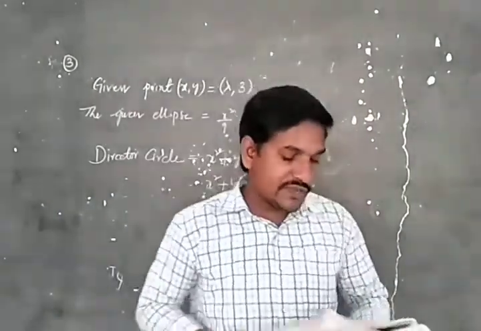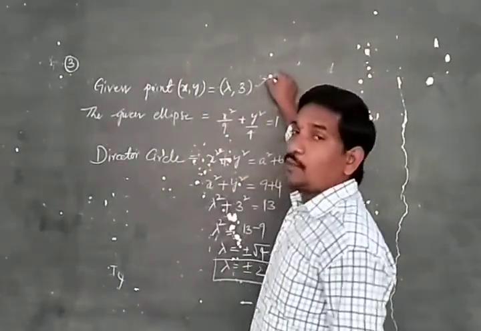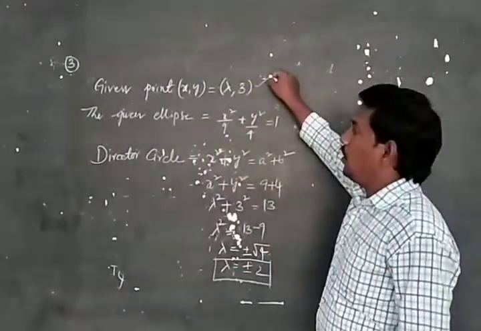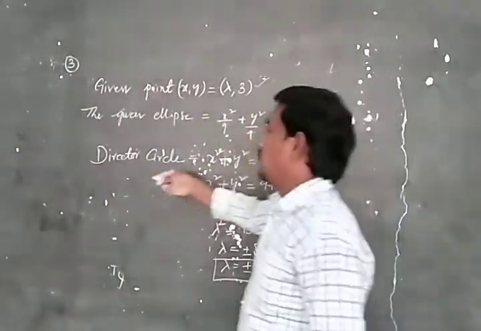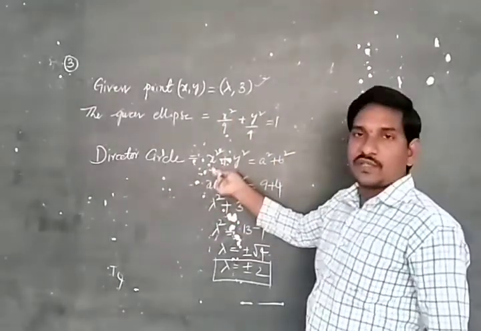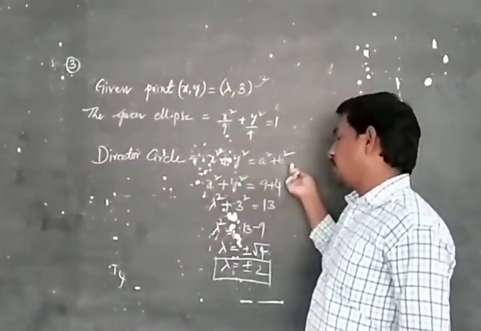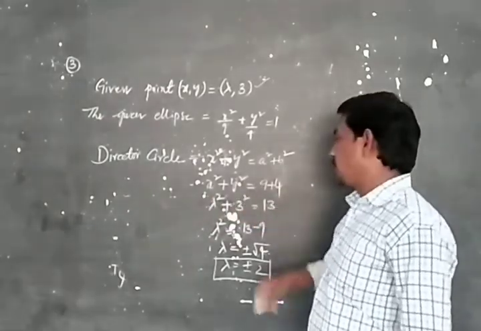If the tangents from the point (lambda, 3) are at right angle, that point lies on the director circle, which is x square plus y square equal to a square plus b square, that is 9 plus 4, which is 13.